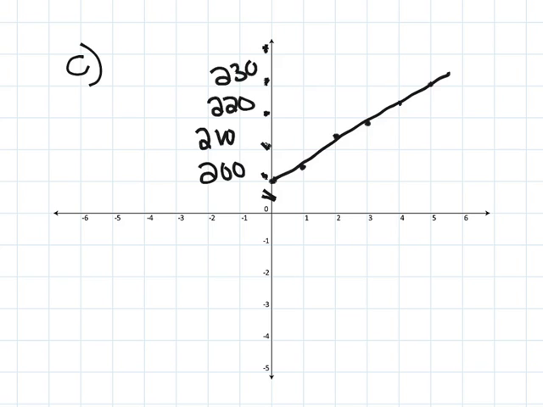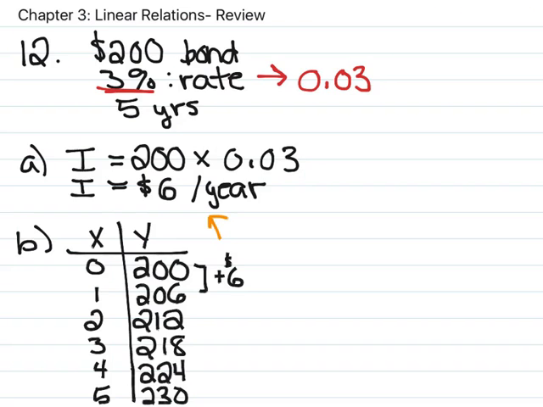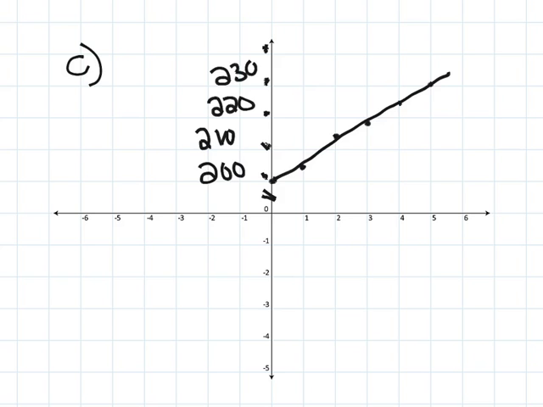So for part D, they want you to write the equation that models the value of the bond. So you have y is equal to, and your slope is going to be an additional $6 for every 1 year, right? So your slope is your rise of $6 over your run of 1 year, so your slope is equal to 6.